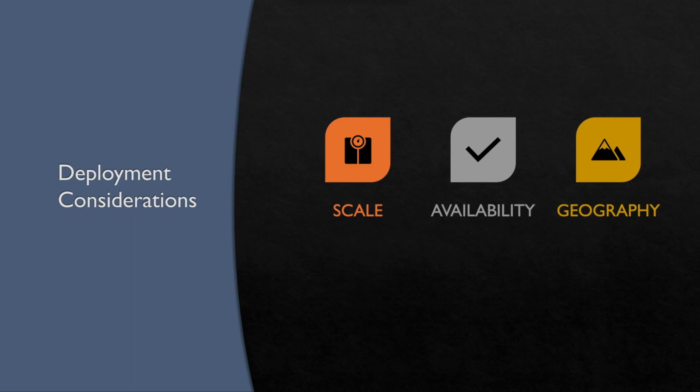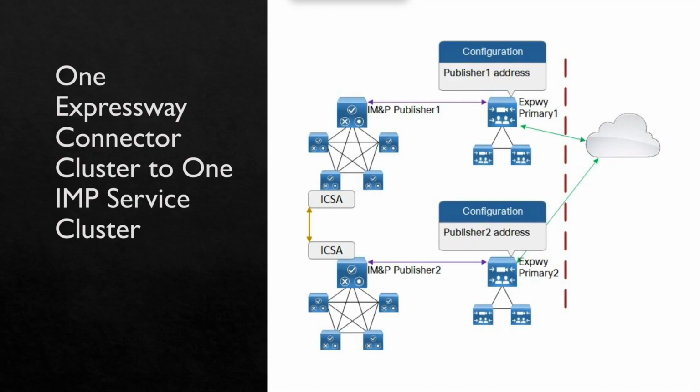And you can use resource groups in the Control Hub to define your organization's geography and then assign Expressway resources to different groups based on their represented locations. The set of users you assign to each resource group should correspond to the users in all of your IM and Presence service clusters served by the Expressways that are also within those resource groups. So those are the things to consider when you're scaling this out.